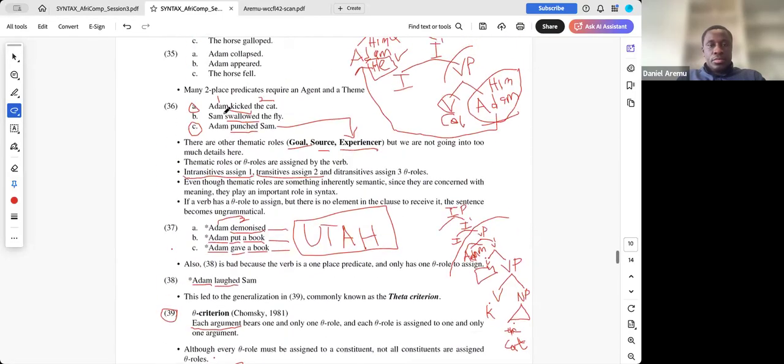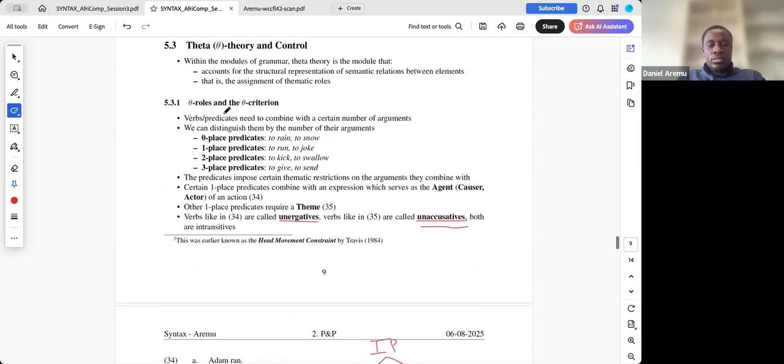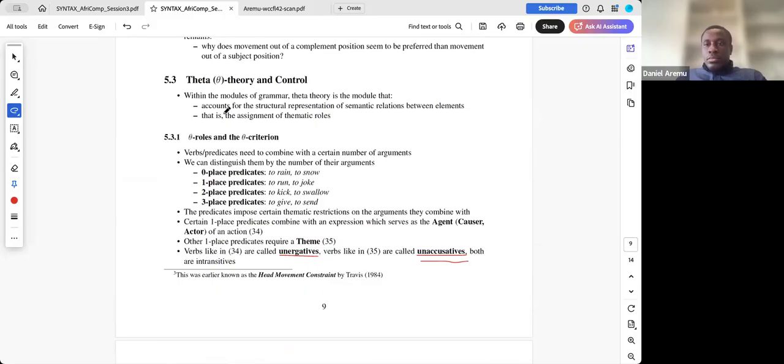Yeah, you mentioned there that in zero place predicates, there is no argument, right? Yes. So I'm just wondering what happens if I say it rained yesterday. Okay, so are you considering that subject it as probably an expletive or dummy item? I don't know. Why don't you consider dummy, as that's the word you just used.